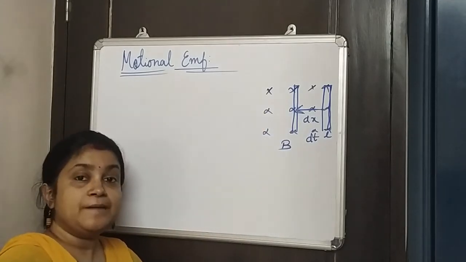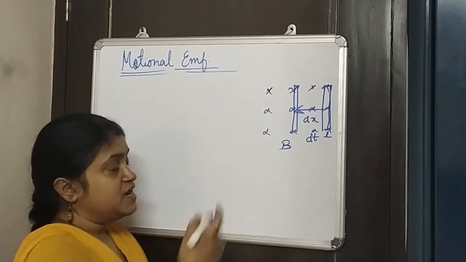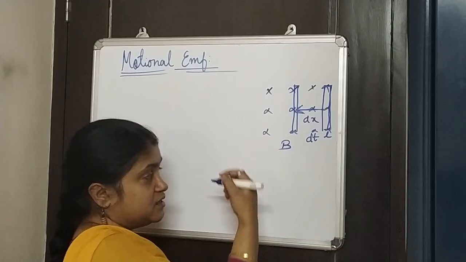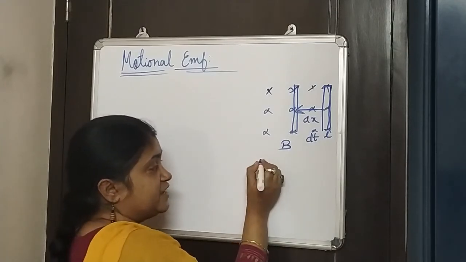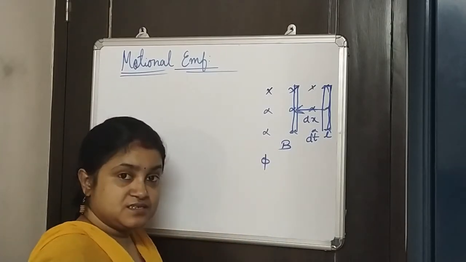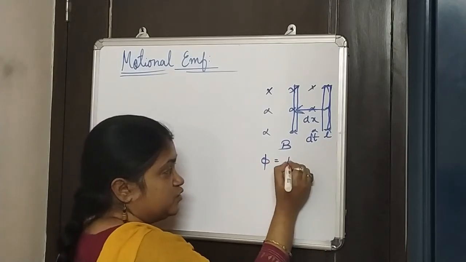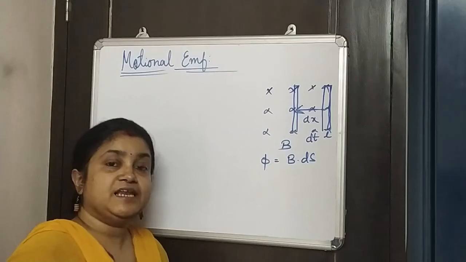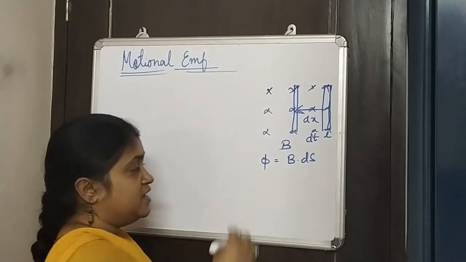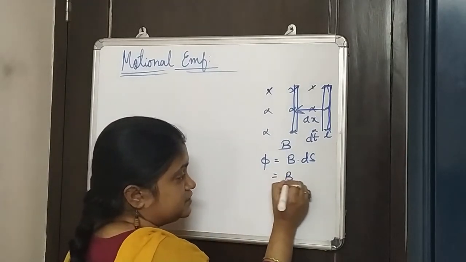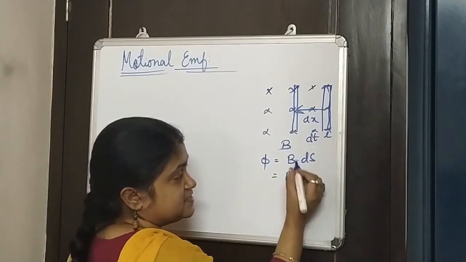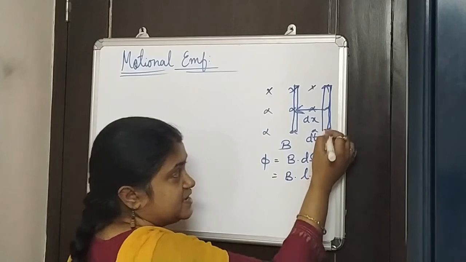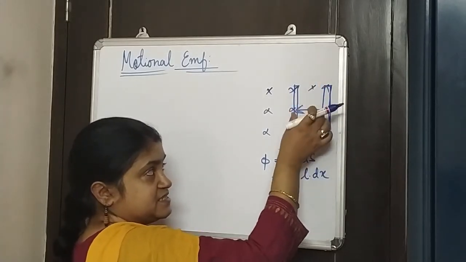So in a small time dt it has moved a distance dx, and therefore it has been exposed to a changing magnetic flux. The magnetic field is B, and the magnetic flux is B dot dS, where dS is the element of surface. dS is nothing but L into dx, where L is the length and dx is the distance.